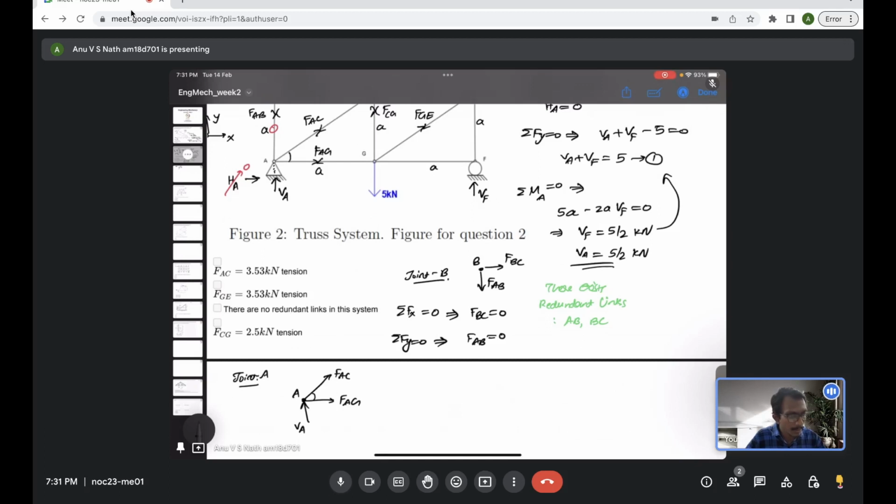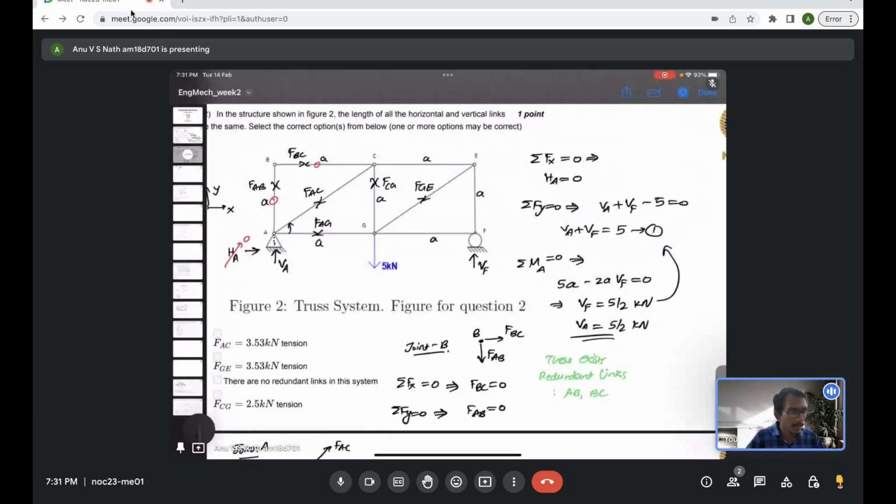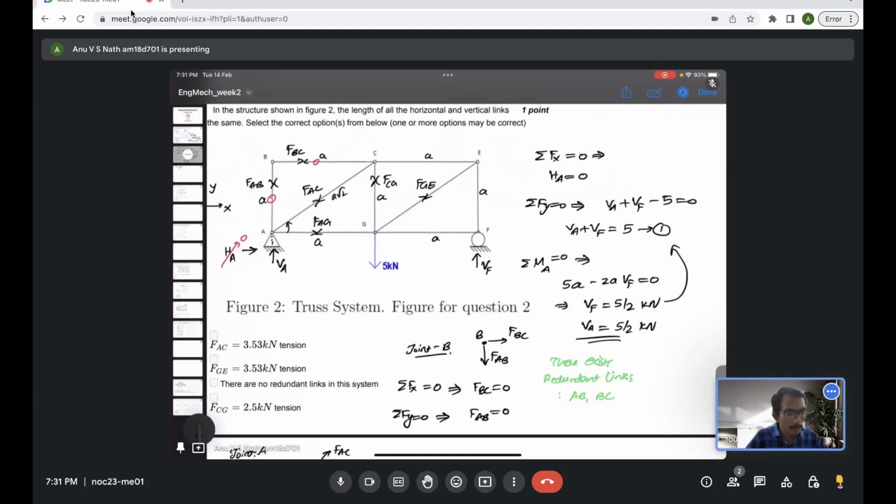You can see the triangle has two sides, A and A. The hypotenuse should be A root 2. So basically it's an isosceles triangle with the sides A and A root 2.